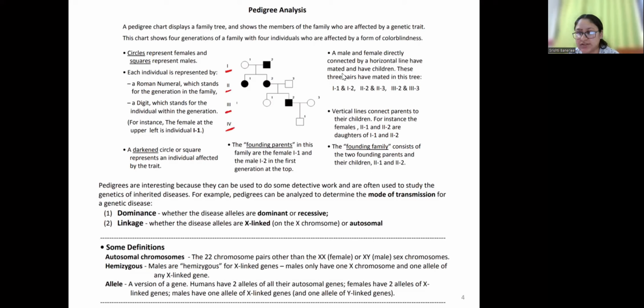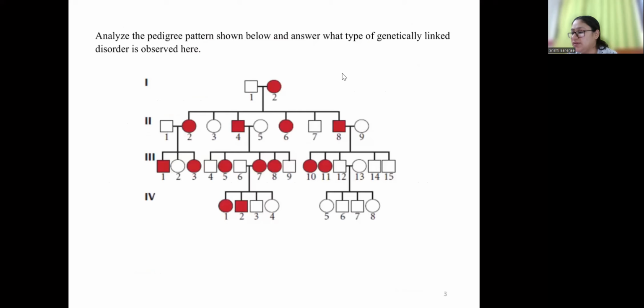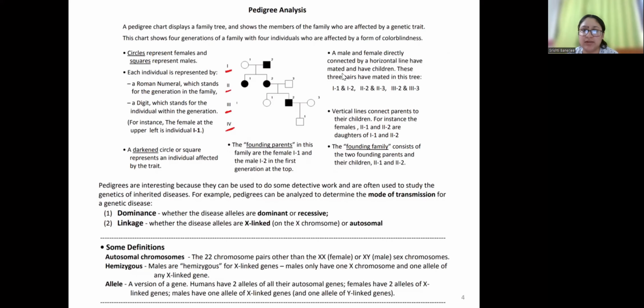This is the first generation, which has the grandparents, then the parents, their children, and then their children. So this 1, 2, 3, 4 means these are the generations, and these 1, 2, then 1, 2 indicate which individual of which generation, like individual female 1 of first generation. Similarly, this is female 2 of second generation.